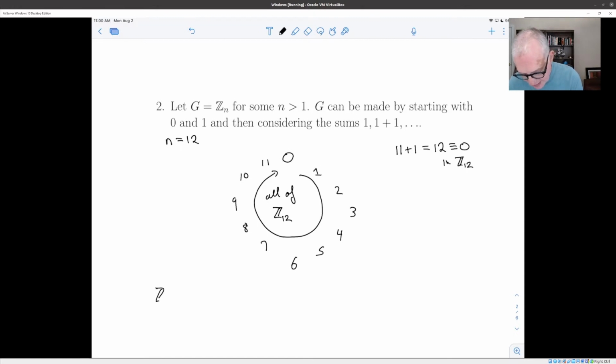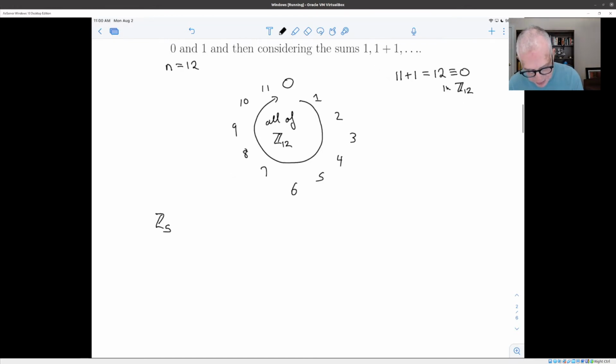And of course, we could, if you want, look at another example. For instance, Z5 has the same property that if you start with 1, 2, 3, 4, and then after 4 plus 1, you go back to 0, and you get another cycle.